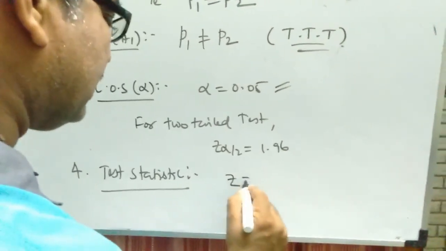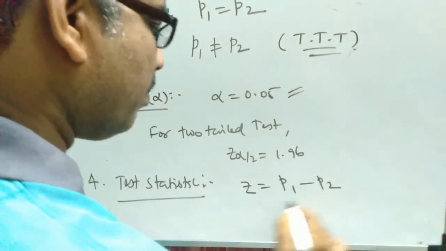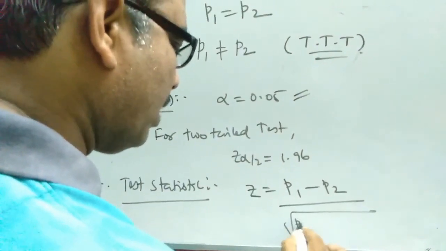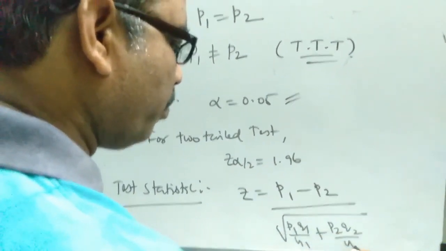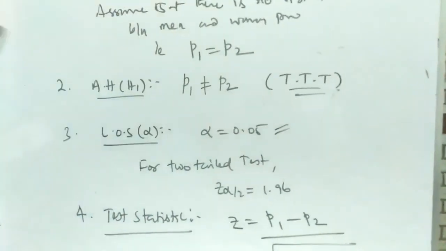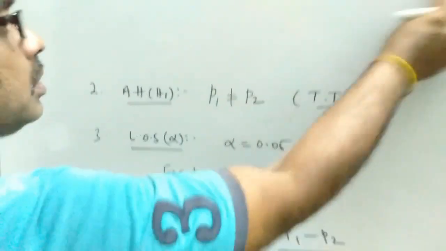Here the test statistic Z is equal to P1 minus P2 by square root of P1 Q1 by N1 plus P2 Q2 by N2. So I am substituting the values.